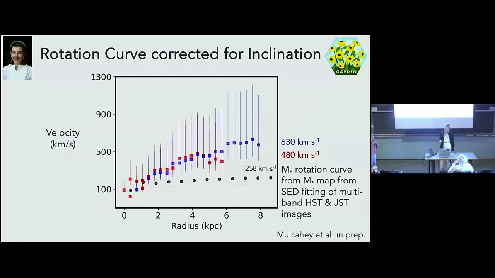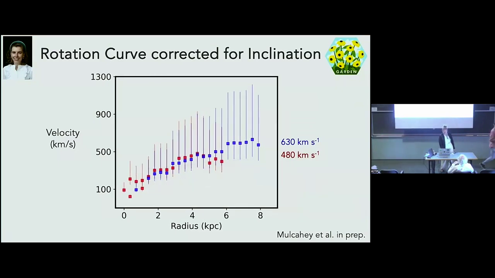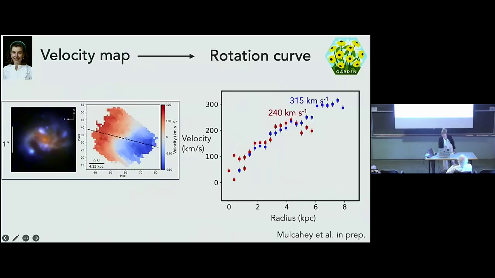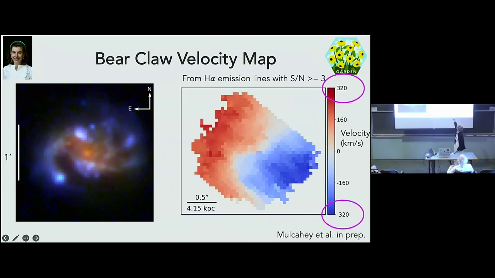When we look at the channel maps, we were just down in Santa Cruz doing this. On this side you see a beautiful spider diagram. On this side you see more solid body, straight line.